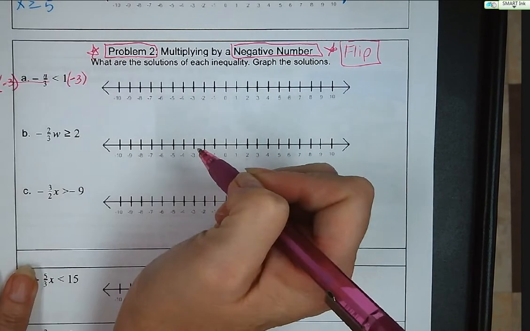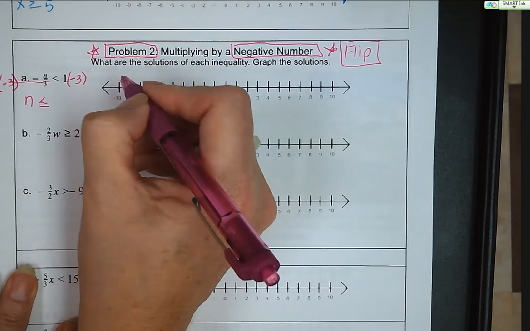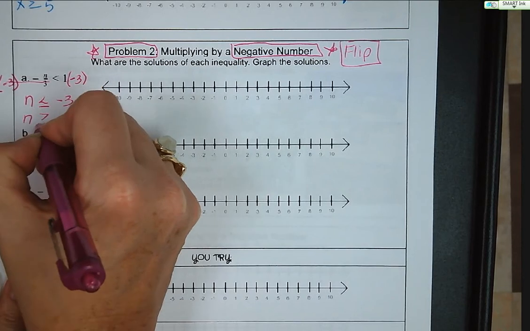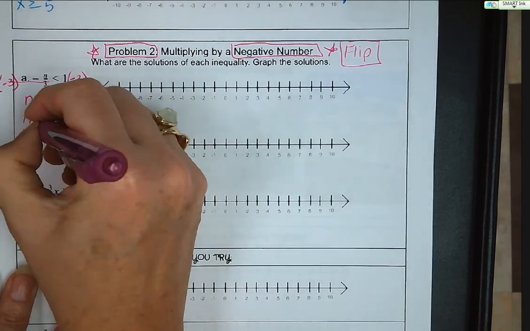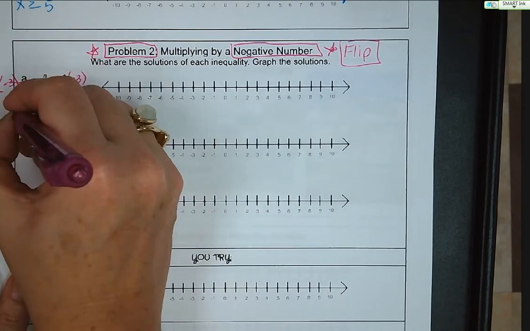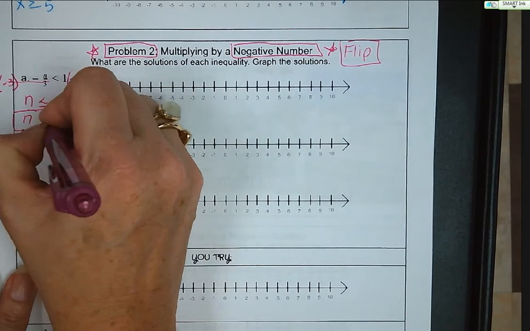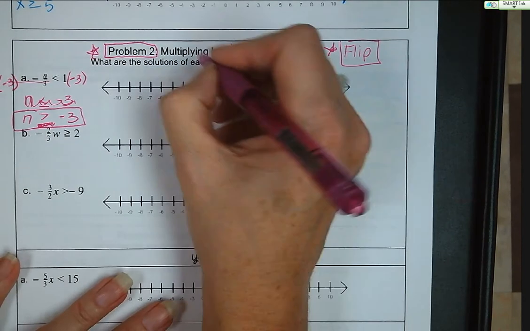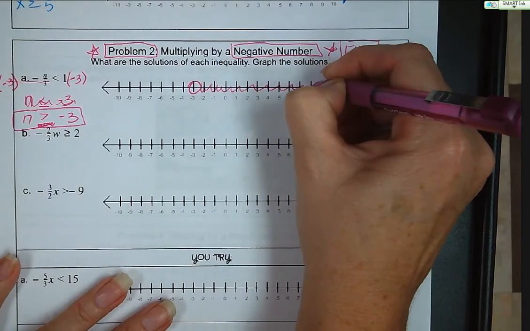Because it cancels out the negative sign, so n will be all by itself. Remember, you shouldn't add an equal sign when there wasn't one originally. When you do that multiplication, you switch the inequality symbol around and don't add anything to it. So n is going to be greater than negative 3. So we have an open dot at negative 3, and we are shading to the right.